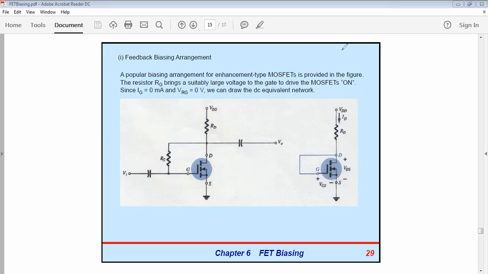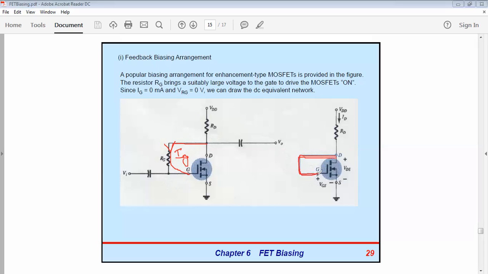Whenever Ig is equal to 0, observe here, this is Ig, Ig into RG is also 0. So there is no drop across the RG resistor, so it behaves like a short circuit. Drain and gate are directly connected.